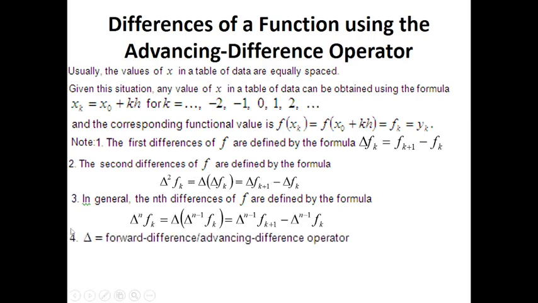And take note that we have the Greek letter delta here, so it has a special meaning. This is called the forward difference or advancing difference operator, as I have told you a while ago.